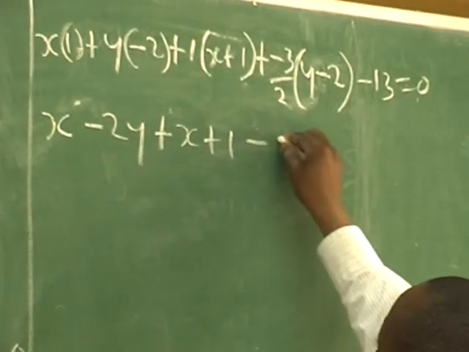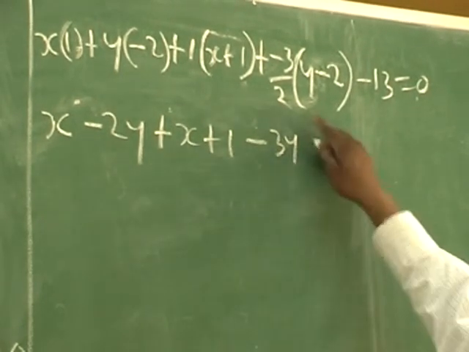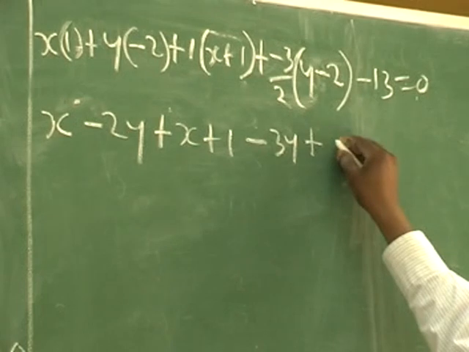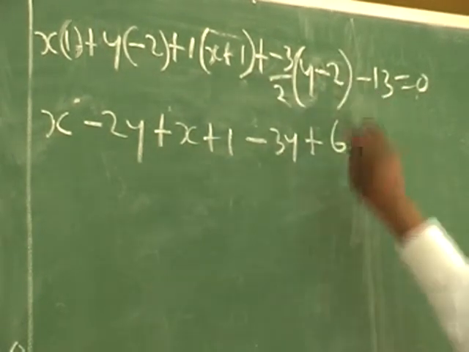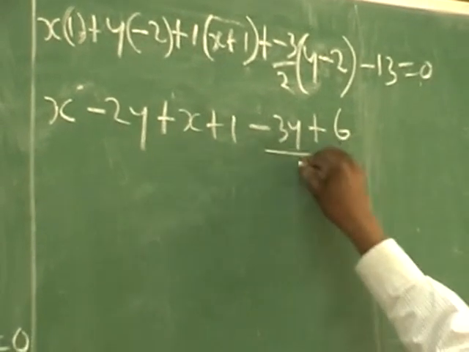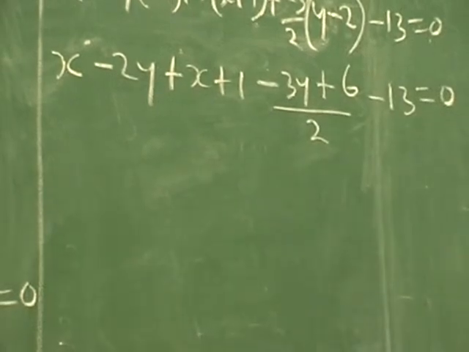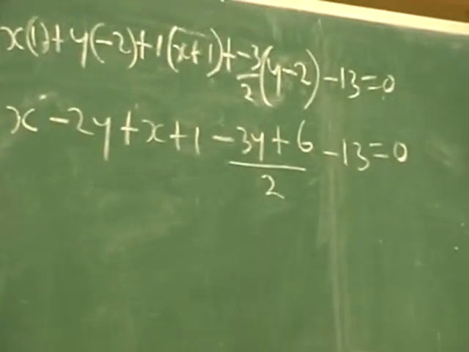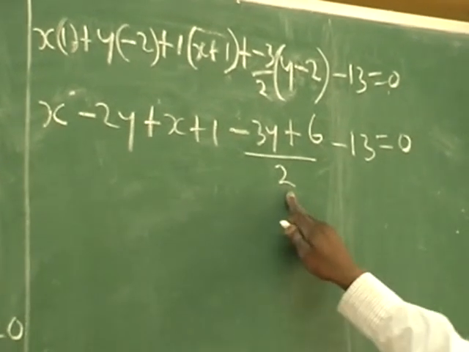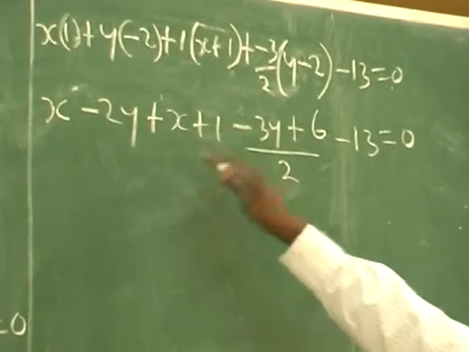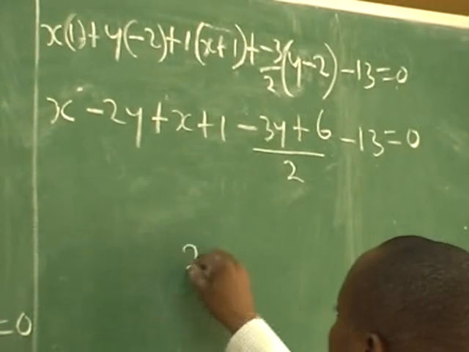Minus 3y plus 6, because minus 3 times minus 2 will give us plus 6, all over 2, minus 13 is equal to 0. Alright, so now in this one we have a denominator of 2, so we have to take the LCM of all this. The LCM is 2.